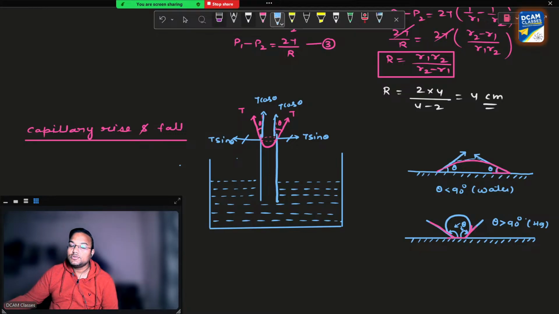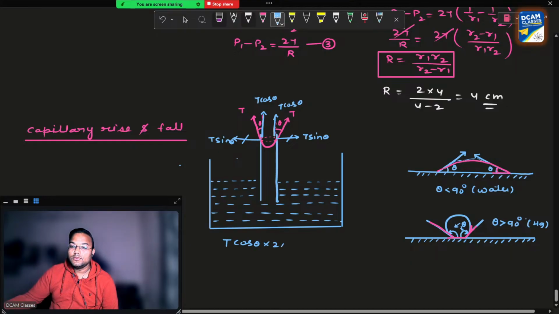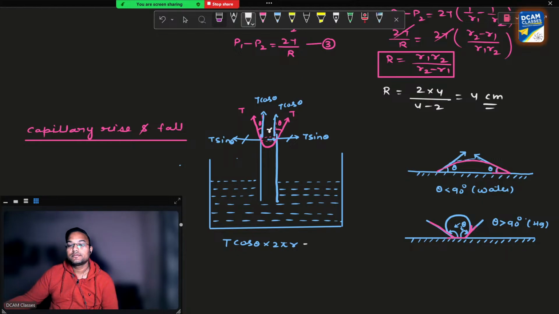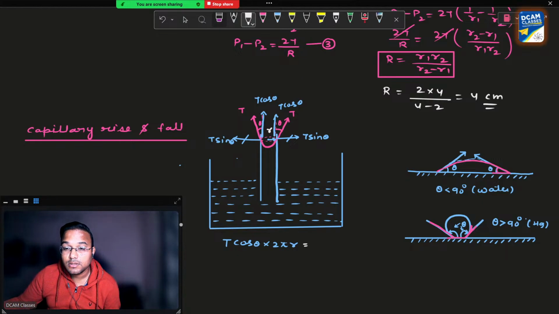So the force due to surface tension will be T cos theta into 2 pi r, where r is the radius of this curvature. Clear? Now this pressure, let's say the pressure here is P1, pressure above is P2.